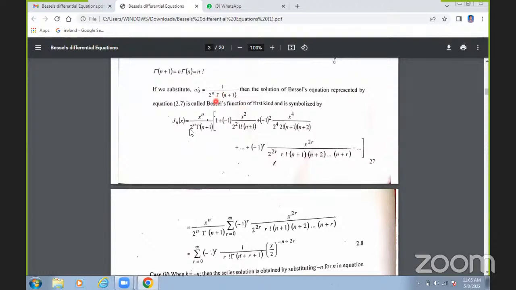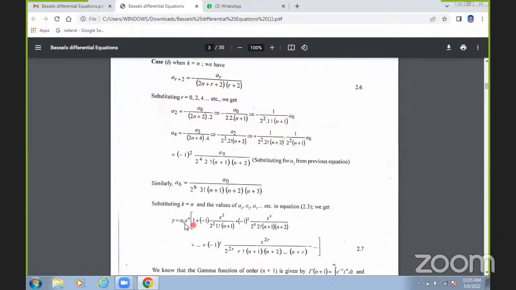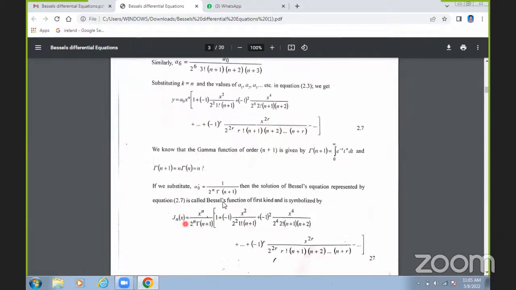So we will be writing here Jn of x, which is equal to x power n by 2 to the power of n gamma of n plus 1, because in this equation we are substituting the gamma values.